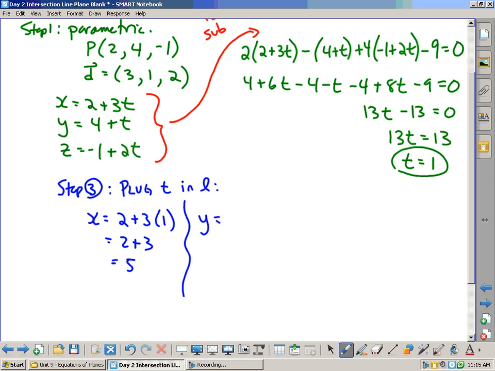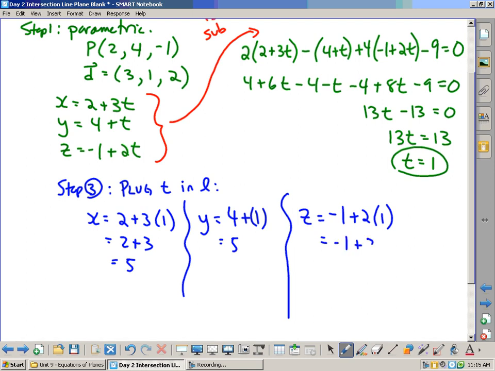The y coordinate is going to be 4 + 1, also 5. The z coordinate is -1 + 2 times 1. Negative 1 plus 2, which is 1. And so therefore, the point of intersection is (5, 5, 1).